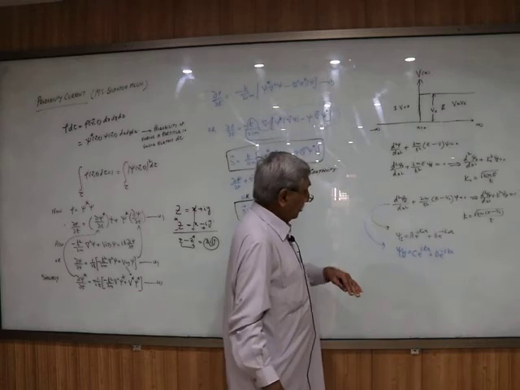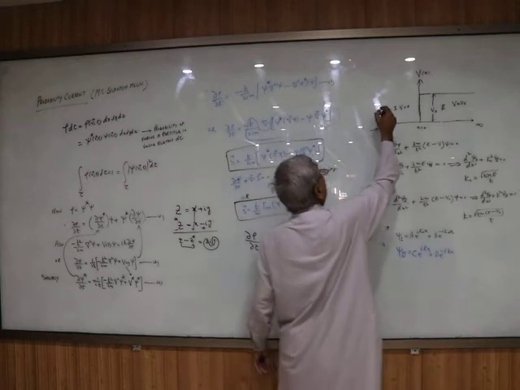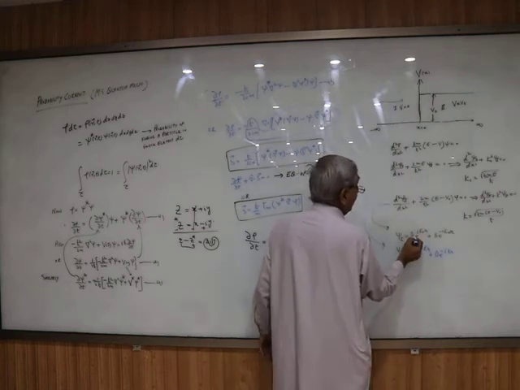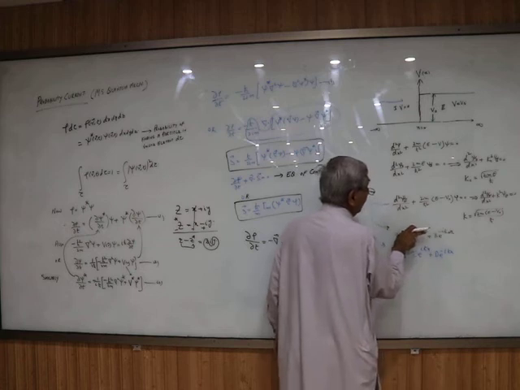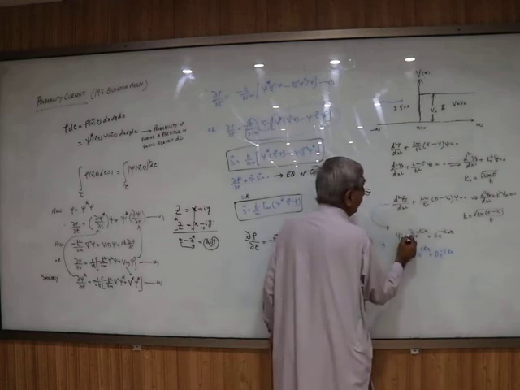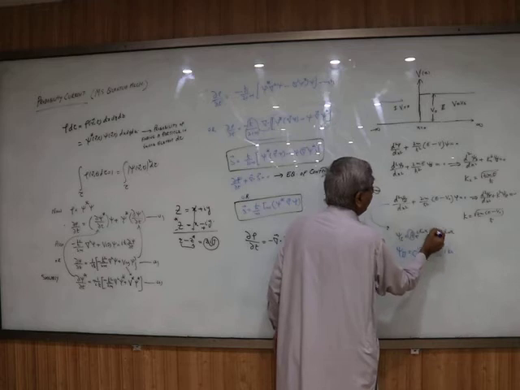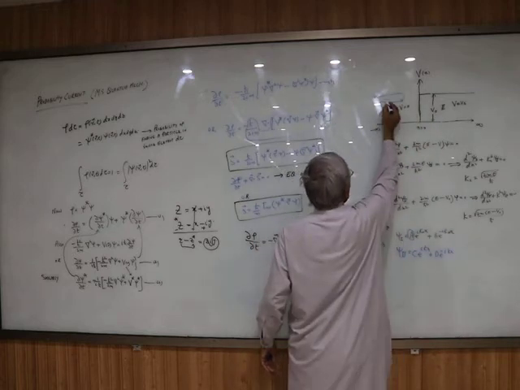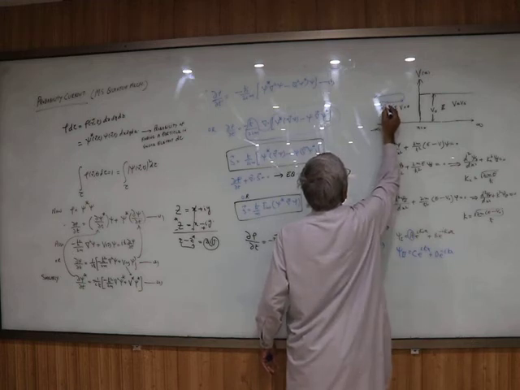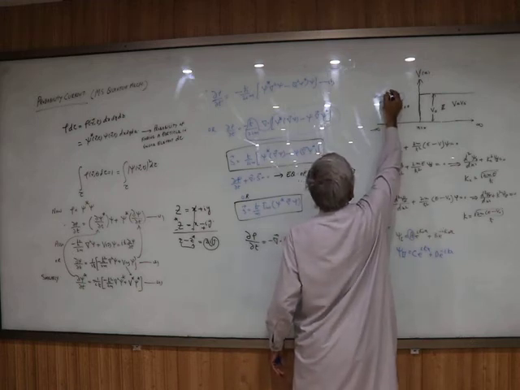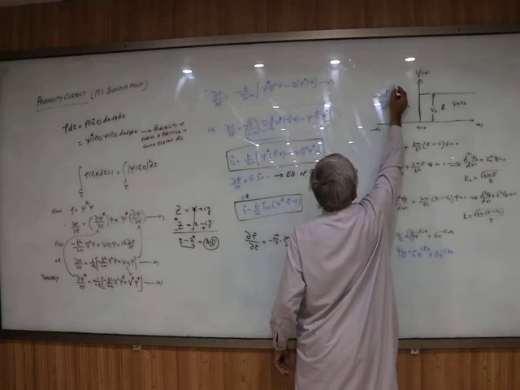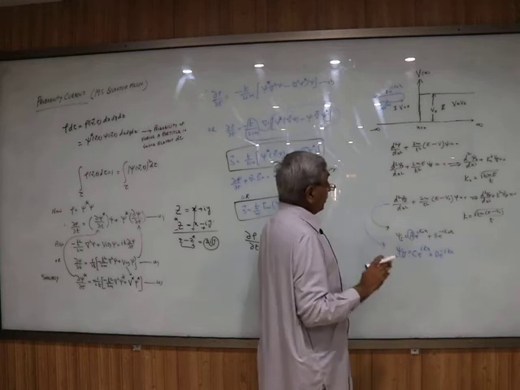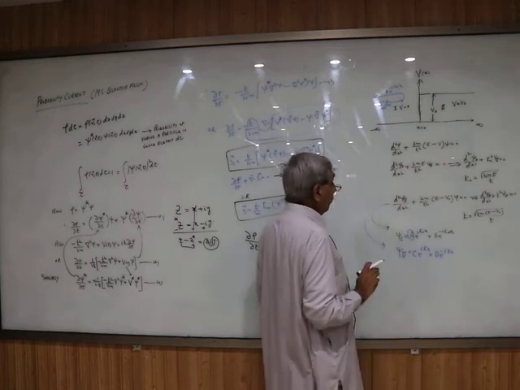That's mathematics. But physically, if particles are going from here to there, then this represents the incident wave going in the positive x direction with this amplitude, and this represents the reflected wave in the same region. So this is A e raised to the power i k naught x, and this is B e raised to the power minus i k naught x. As far as the physical situation is concerned, this equation is okay.